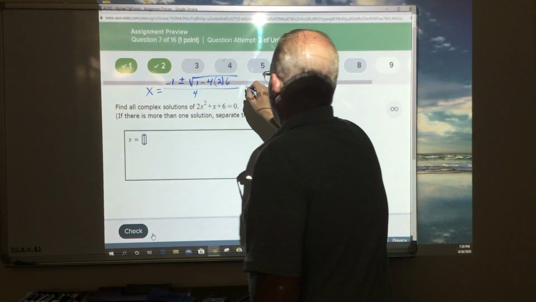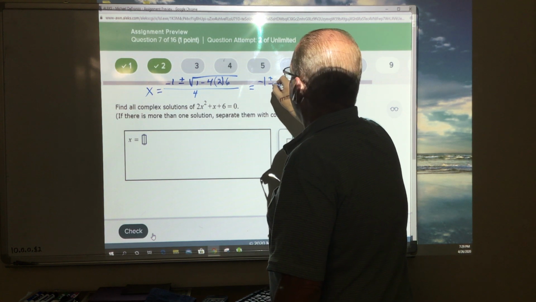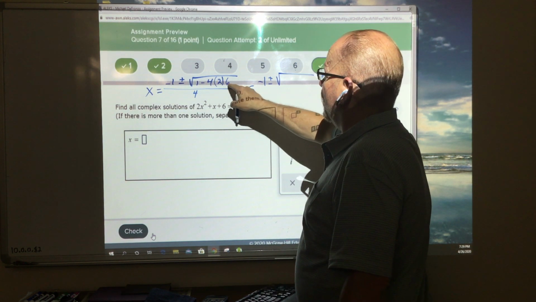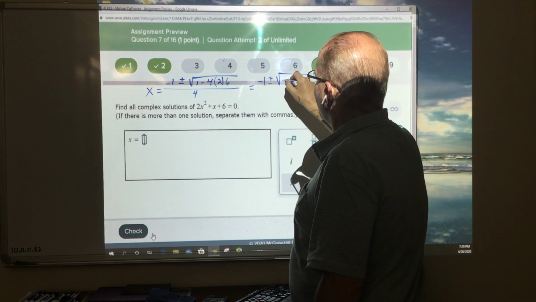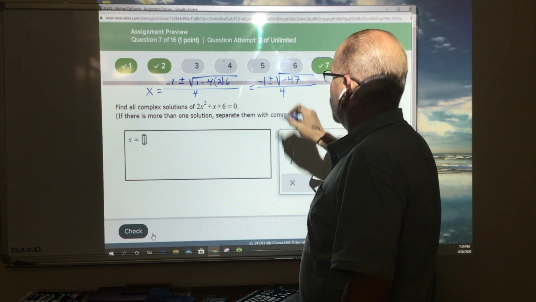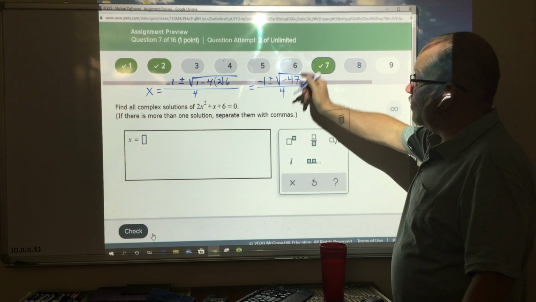Okay, so I've got -1 plus or minus the square root of, let's see, 4 times 2 is 8, times 6 is 48. 1 minus 48 is -47, over 4. Now, we're done. Nothing simplifies again.